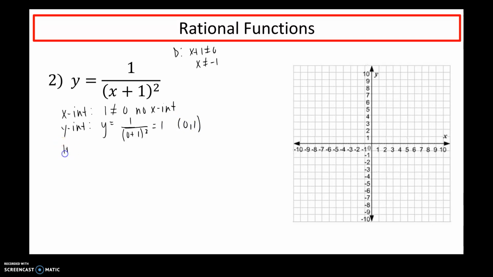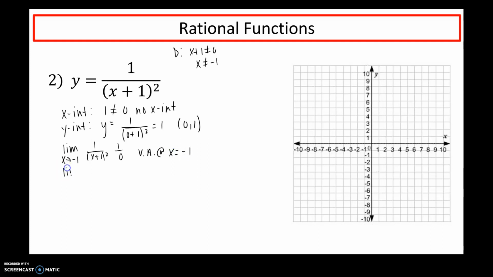My domain restrictions, if I look at the limit as x approaches negative 1 of my function, 1 over x plus 1 squared, that's going to give me 1 over 0, so I know that that domain restriction is going to be a vertical asymptote at negative 1.